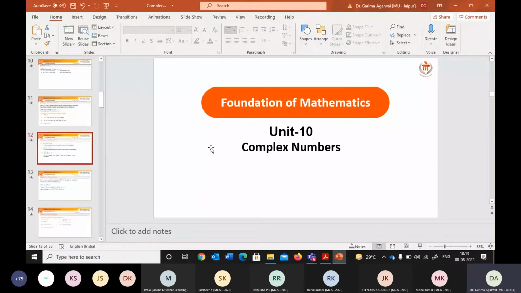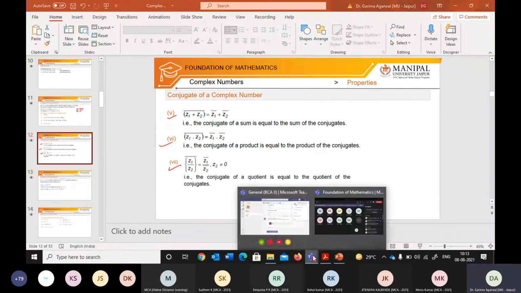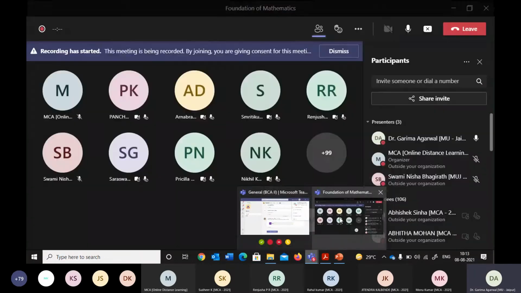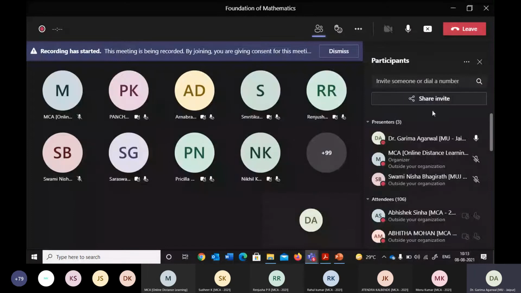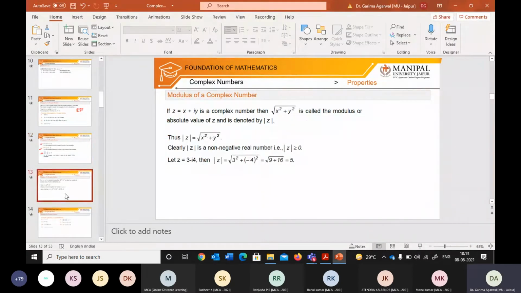If you have any problem in the conjugate of a complex number or complex numbers, please raise your hand. No? Okay, so let's continue with the modulus of complex numbers.